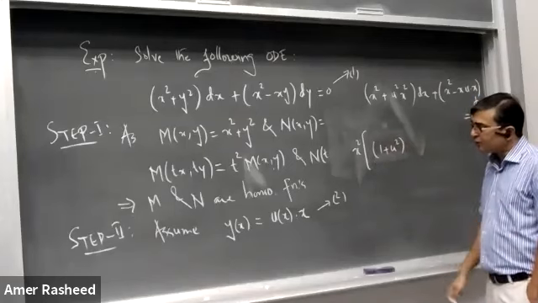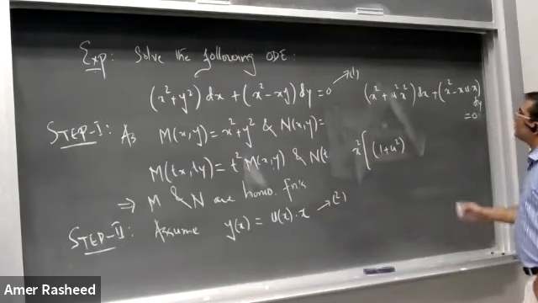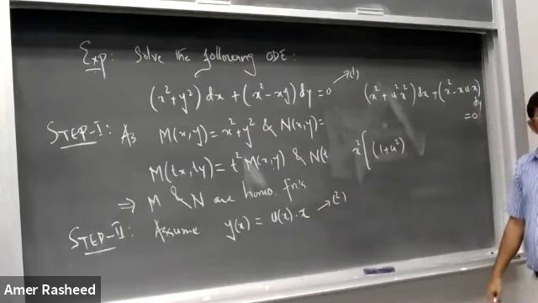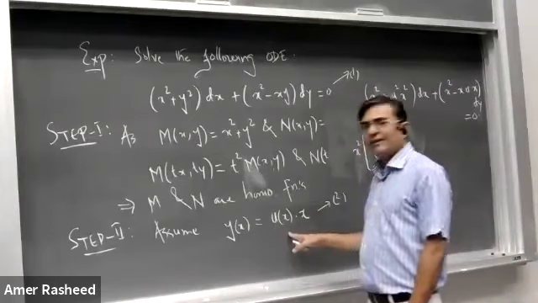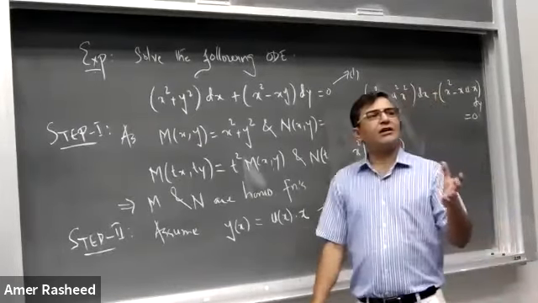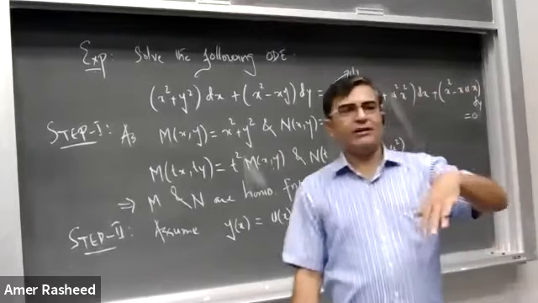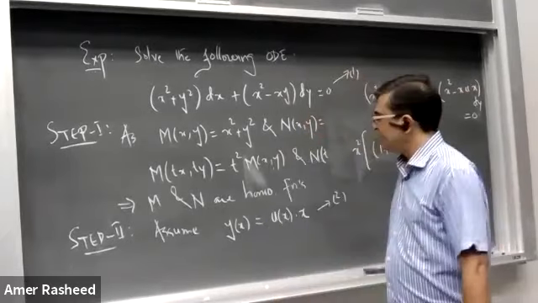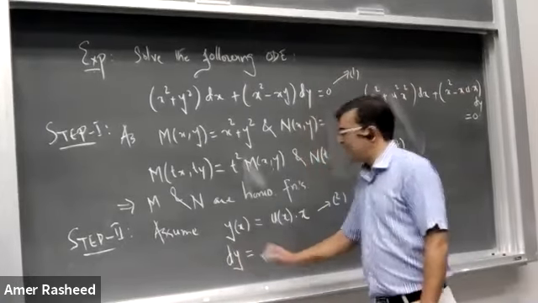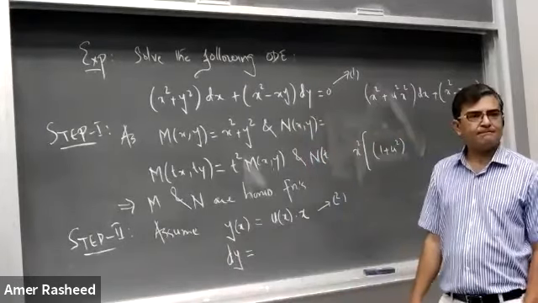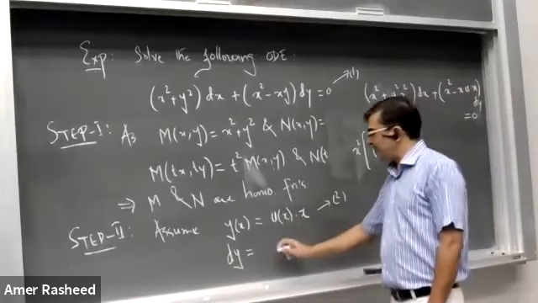One more thing, we have to convert dy as well. Because if you are putting y equal to this, you are trying to convert y into a new variable u. Then if y is this, what would be dy? You just take the derivative with respect to x.